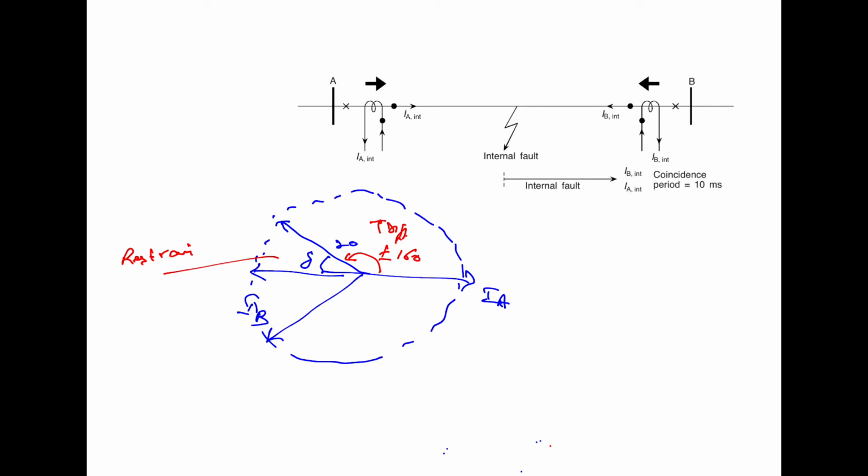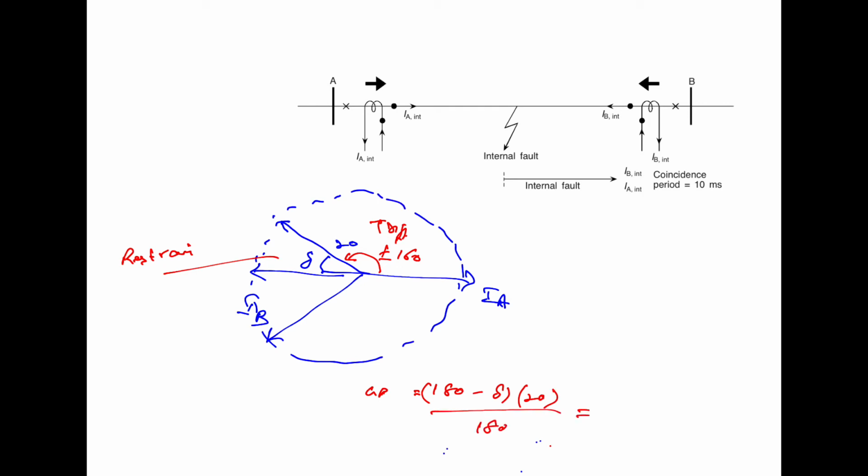So it is an internal fault, and a phase shift of plus minus delta gives rise to a coincidence period, and the coincidence period in this case is calculated by Cp equals 180 degrees total minus delta, that is 20 degrees, divided by 180.